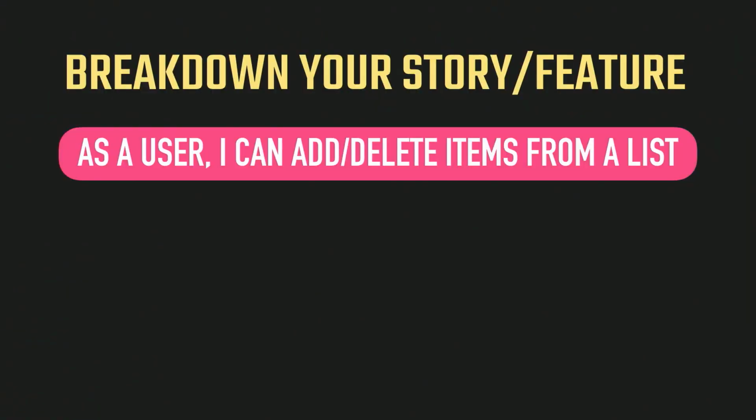All right, first thing, breaking down your story or feature. I'm sure we've all built a to-do list in some form in our developer life, right? So before you start working on any story or feature, whatever you want to call it, in your workflow, I would suggest making a mental or written note about how you want to break it down into several smaller PRs. So everyone cool with PRs, pull requests?